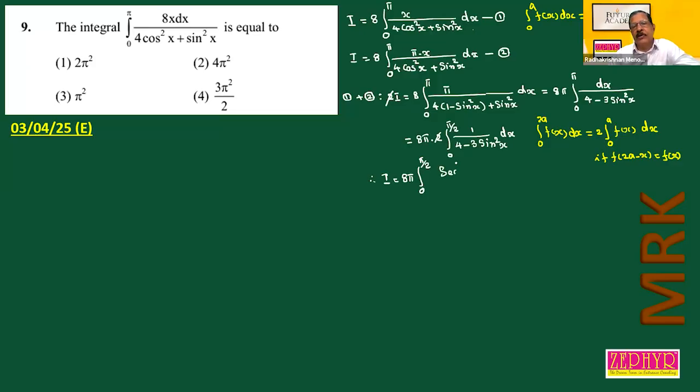So numerator you have got sec squared x. Denominator 4 cos squared x divided by cos squared x, you are getting 4 sec squared x minus 3 tan squared x.